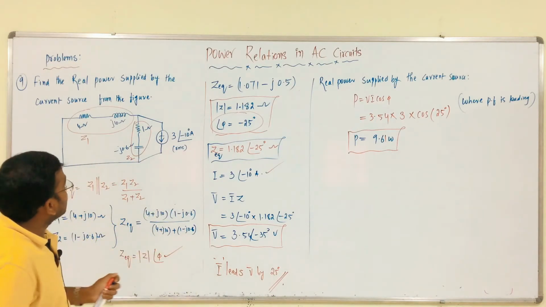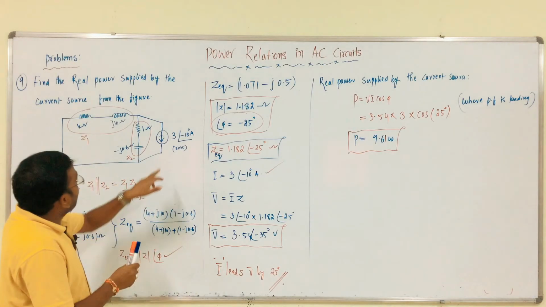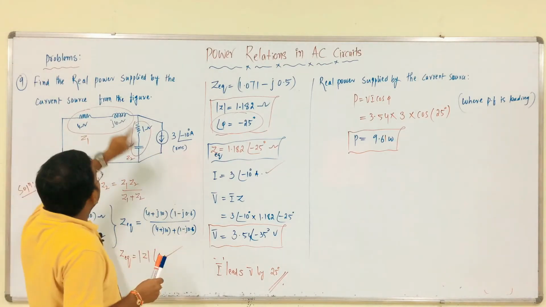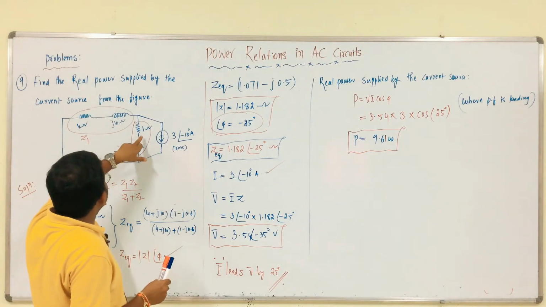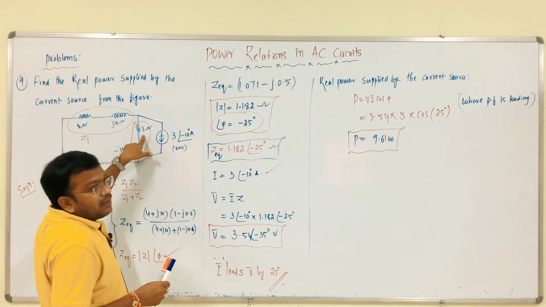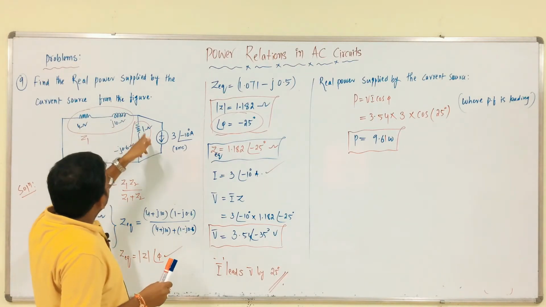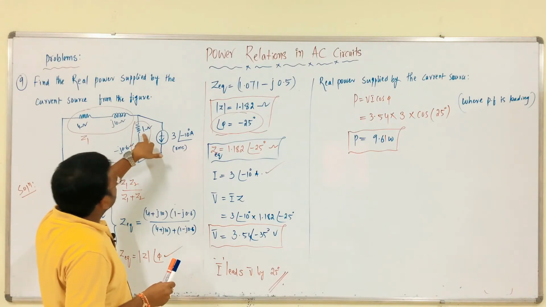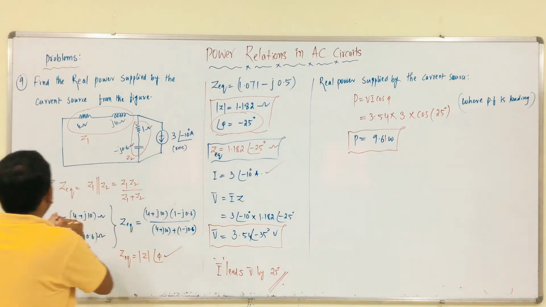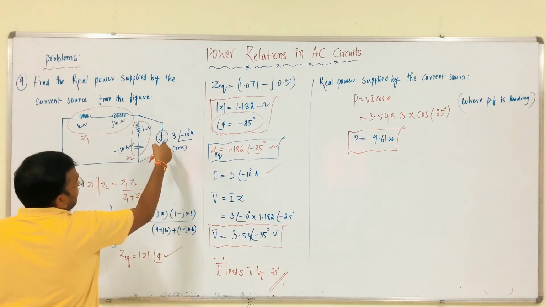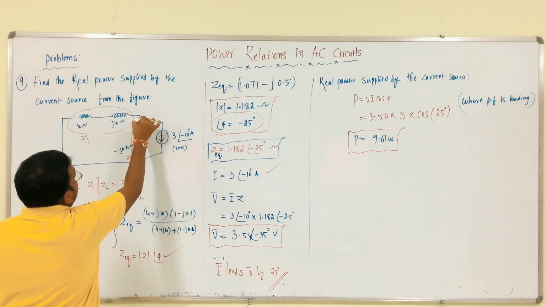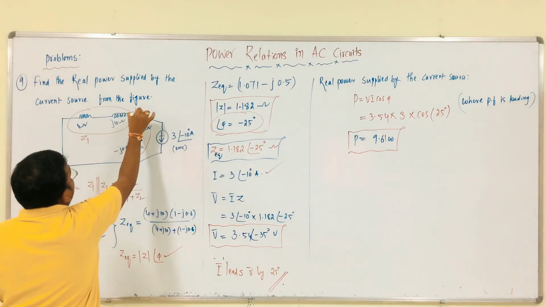Then method 2 is what? See, he provided the current source, and he wants the real power. Therefore, I square, how many resistors we have? 1 and 2 only. So, I square into 4 plus the current through this branch into this resistive branch. For example, this is the current source, this is I1, this is I2.